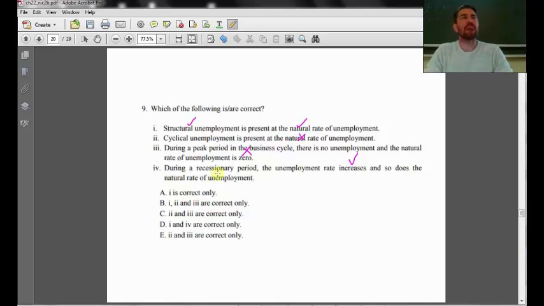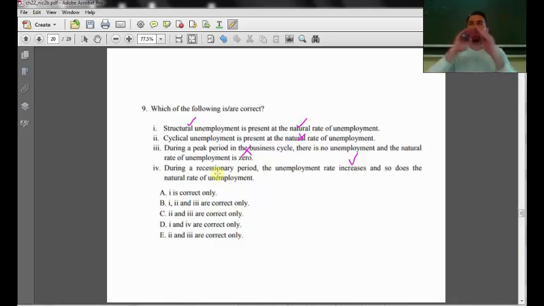No, remember the natural rate of unemployment is the unemployment rate associated with full employment or with potential GDP. Okay? In other words, when we're not in a recession, usually you would be in a recession below full employment, but when you're not in a recession you're at full employment or in an expansion above full employment.